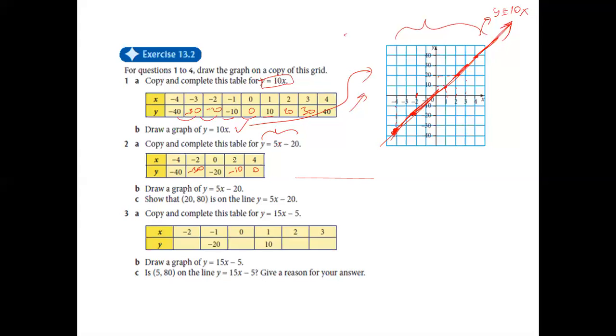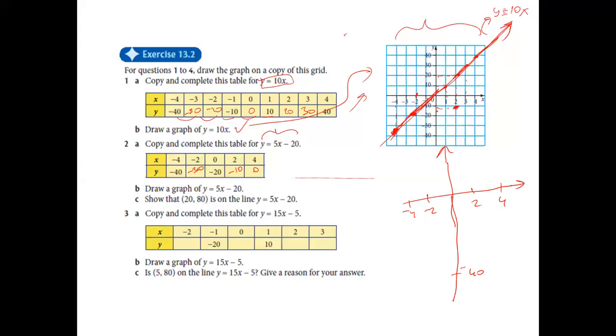For example, x is equal to plus 2, and the value of y is equal to negative 10, or minus 10, it's here. Okay, I want to draw here. So what were our values of x and y? It was minus 4, minus 2, plus 2, and plus 4. And what was our value of y?